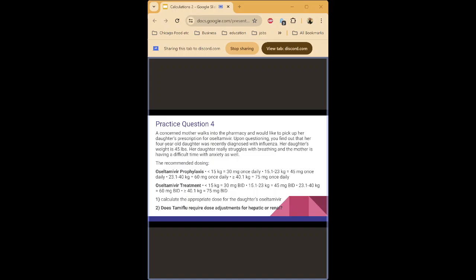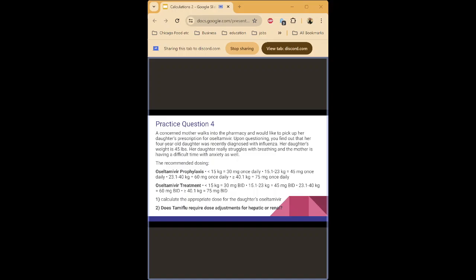Okay, so very good. Those of you that chose 45 mgs BID, that is correct. And if you said it was renally dosed, that is correct. Or the dose adjustment is for renal, that is correct. So we would take 45 LB, I'm just going to type it into the chat and divide it by 2.2. And this would give us 20.45 kgs.